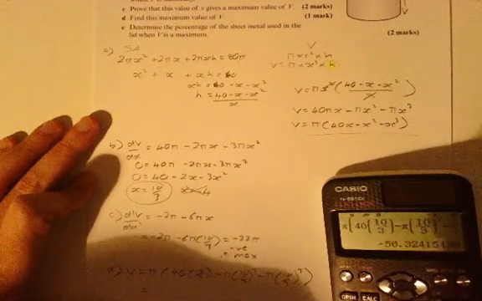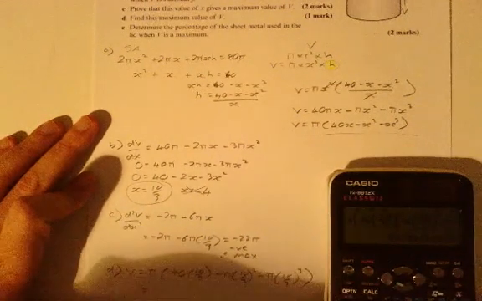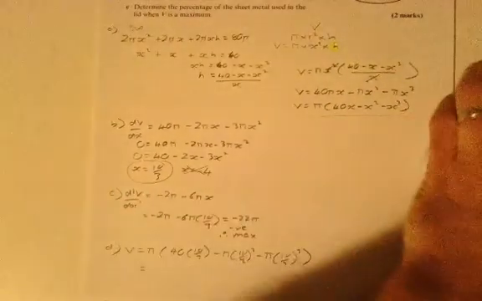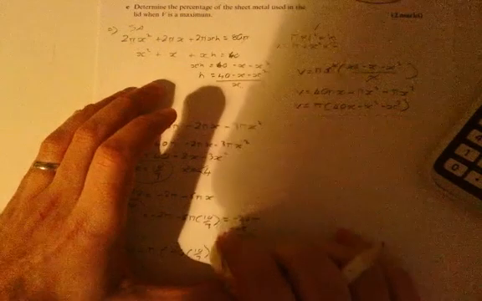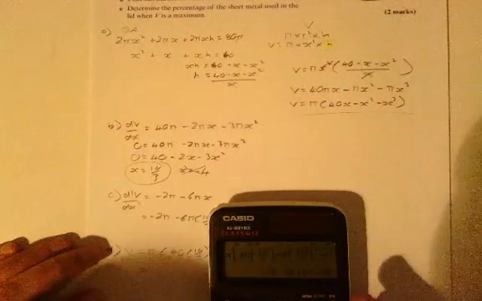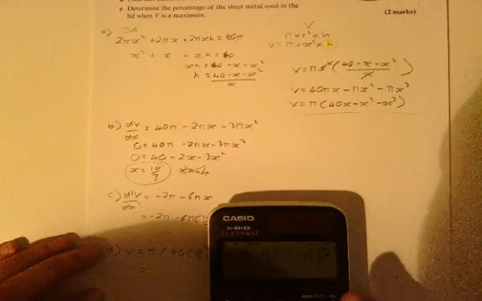And we've ended up there with a negative answer there. How has that happened? I know what I've done. I didn't need those pies in there, did I?